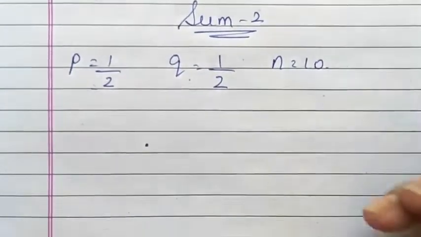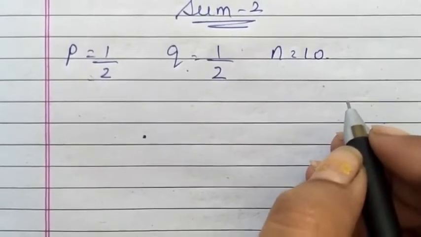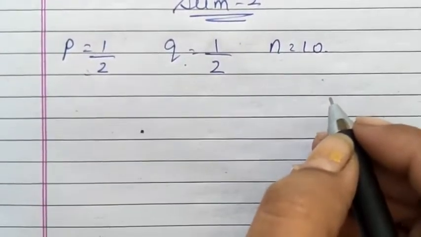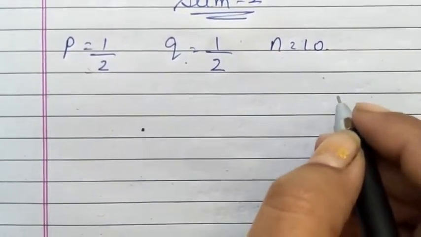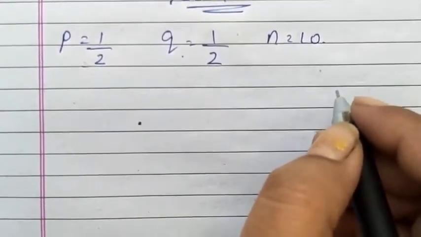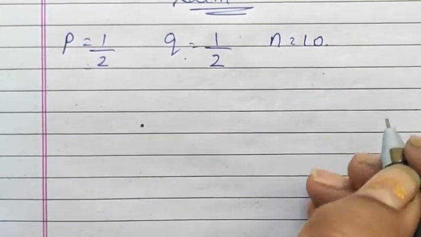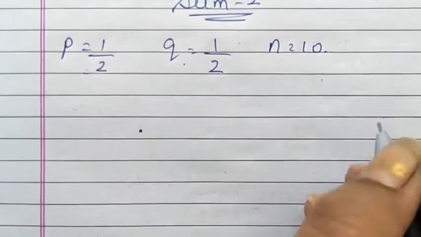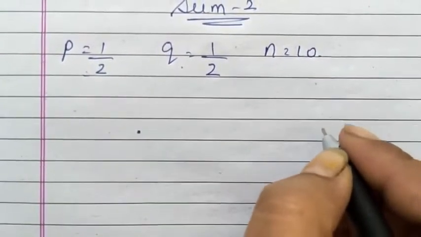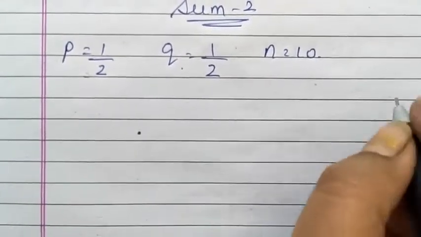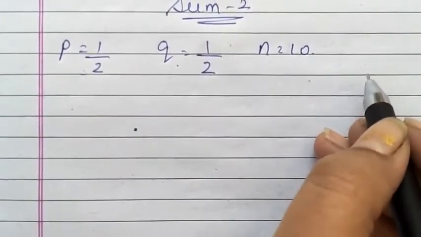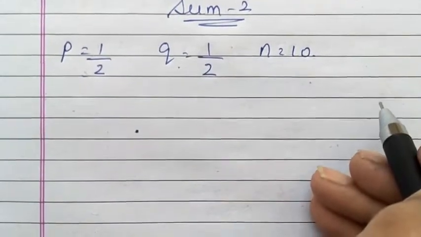N is equals to 10. So X is equals to, from the selected 10 students, less than 30% of the students, that is 3 students have the habit of eating chocolate. Yes or no? Less than 30%. So we can say that 3 students, from these 10 students, have the habit of eating chocolate.